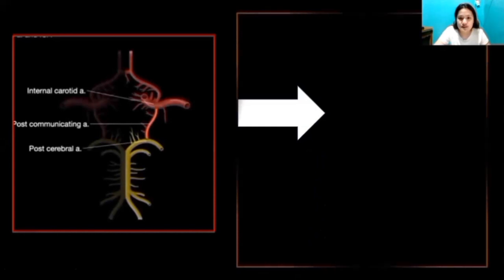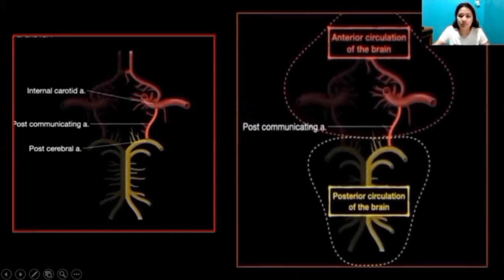For the next one, this is the next picture. Here is the anterior circulation of the brain, and this is the posterior circulation of the brain. And the posterior communicating artery is located here. It arises in the carotid siphon, and it joins the posterior cerebral artery.